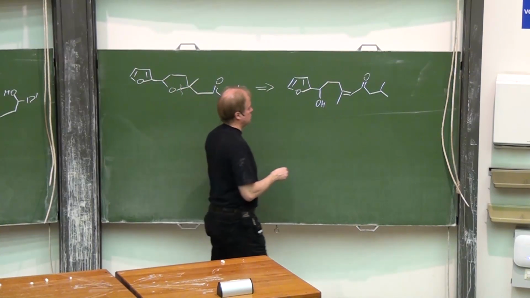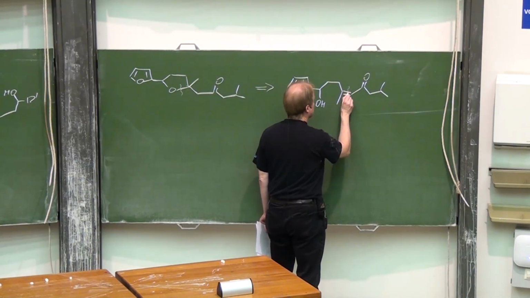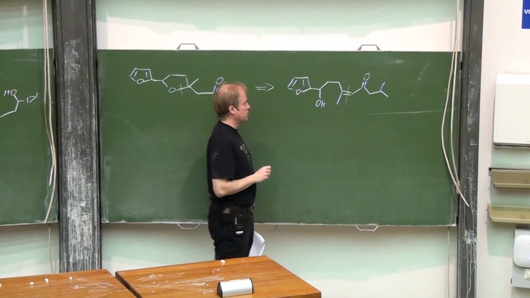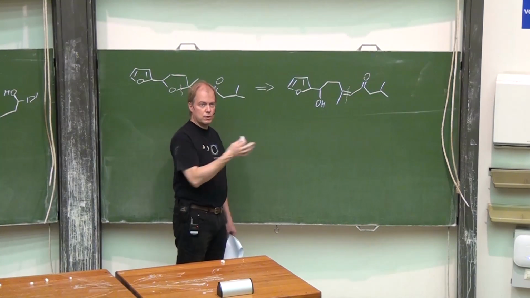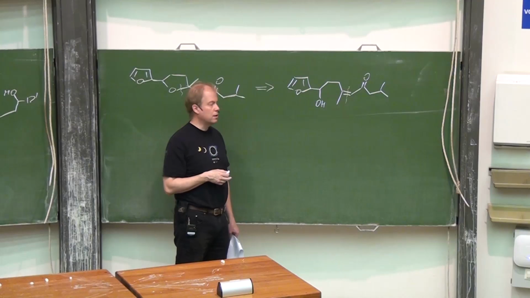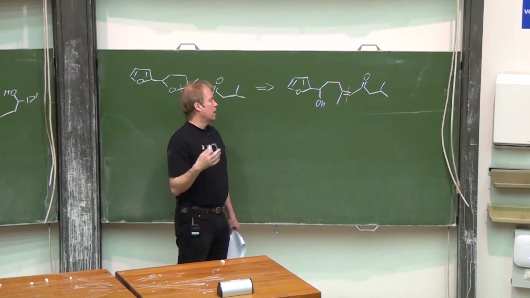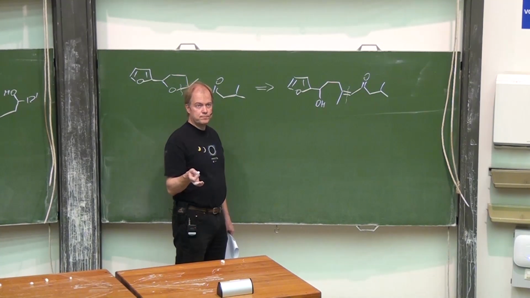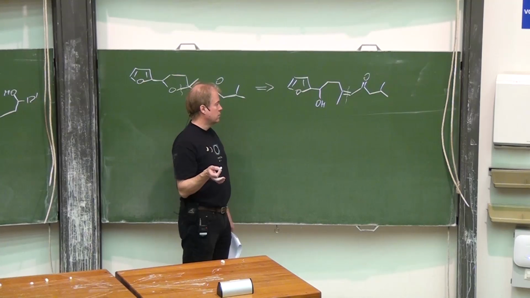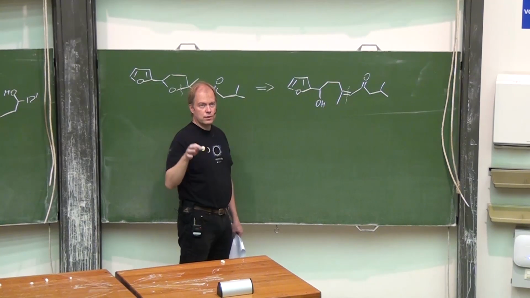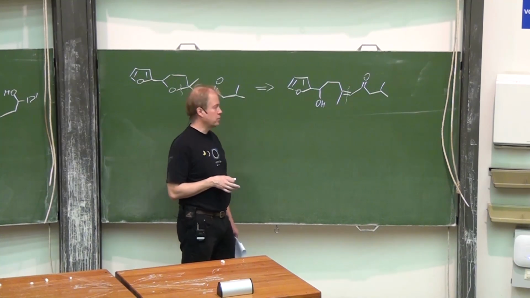On the other hand, you can nicely set up alpha, beta unsaturated ketones. We talked about that already today. Aldol condensation, or Wittig type, the Horner-Wadsworth-Emmons Wittig type reaction.